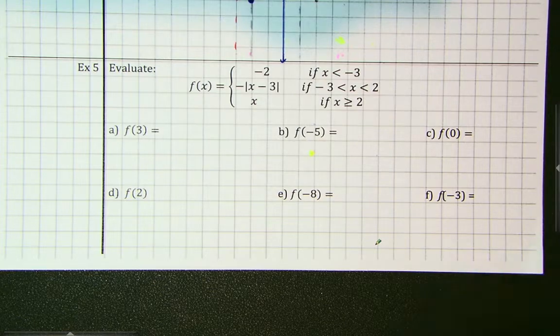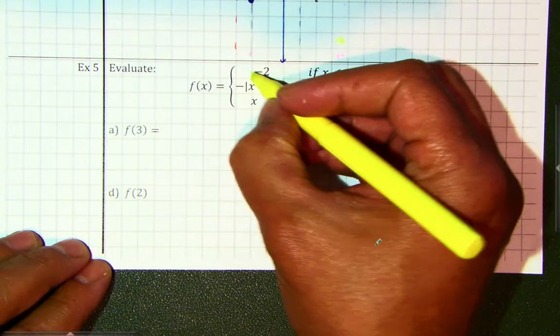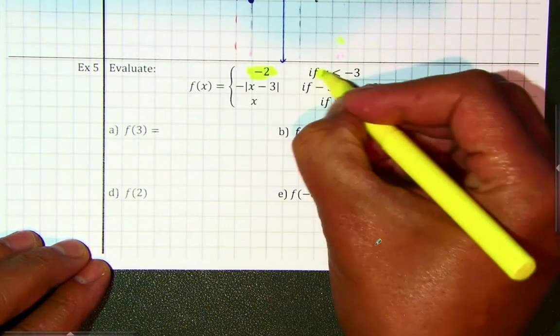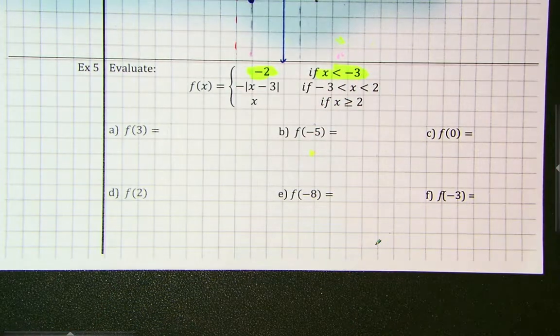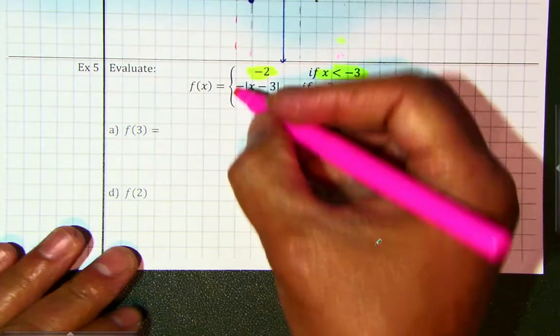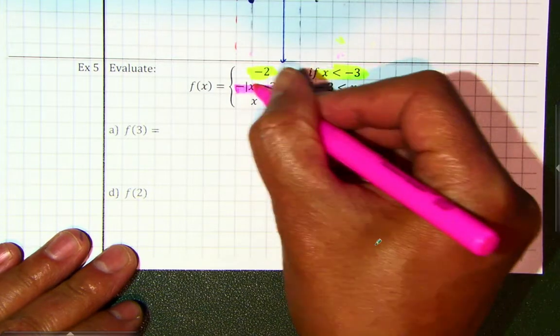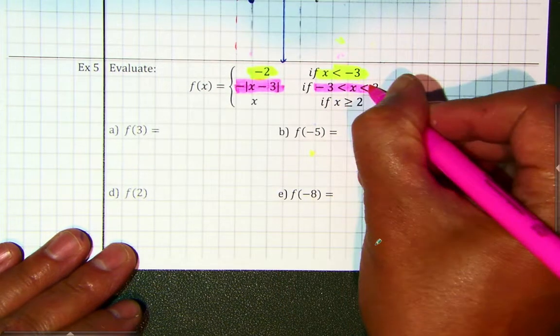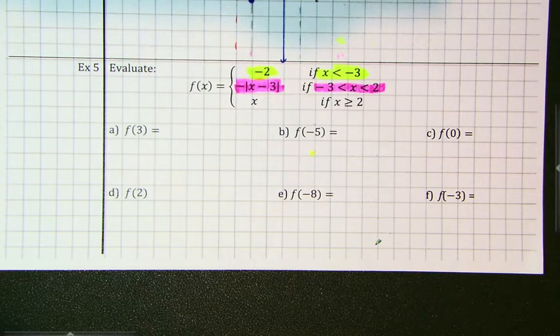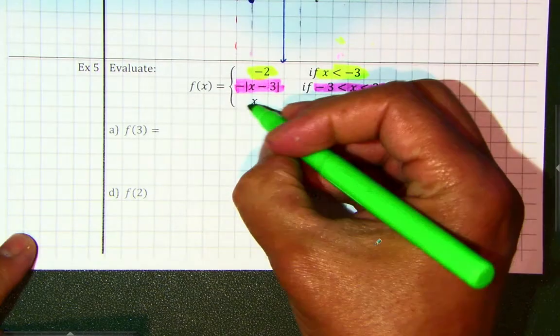So in this case, we have 3 graphs, 3 pieces in a function. The first one is y equals -2. The second one is an absolute value that's facing down, on this part of the domain. And the last one is just x.